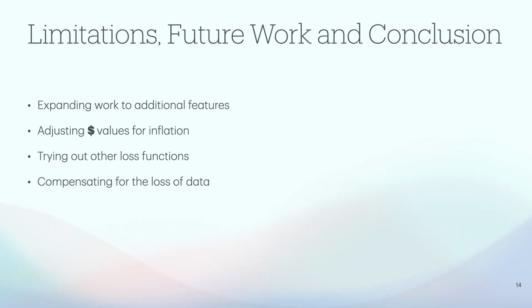And the last one is compensating for the loss of data. What I mean by that is, in the process of taking revenue details from TMDB, I observed that for some movies the revenue was not available in the database.